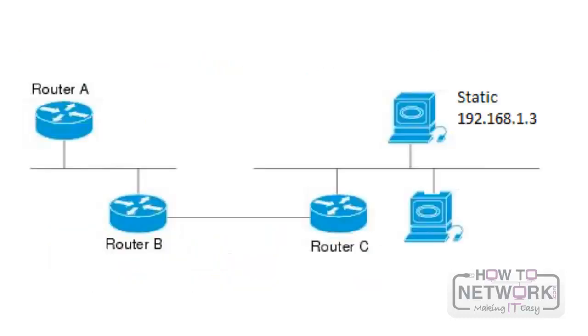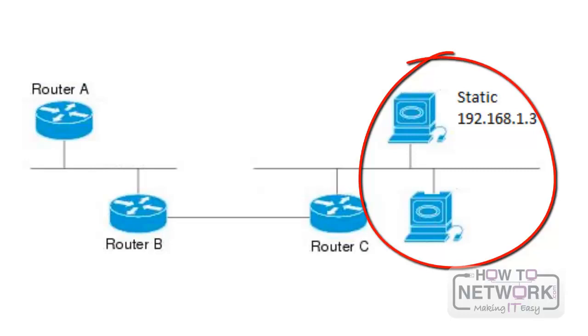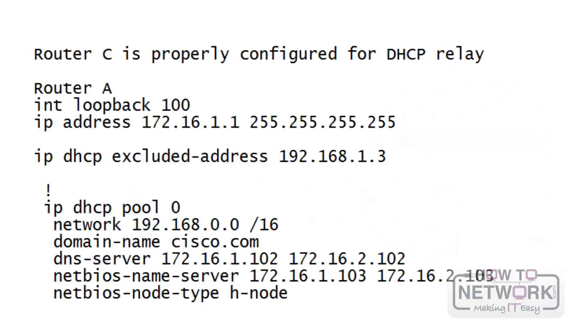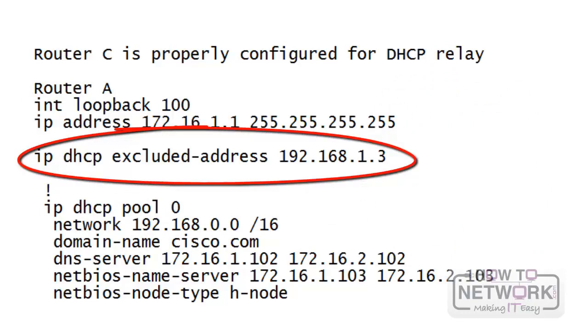We have a static client of 192.168.1.3, and the problem is that it's very likely these clients both have been given this address, one statically and one via DHCP. We need to add in IP DHCP excluded address for any static address we're assigning within the range we're using for DHCP.